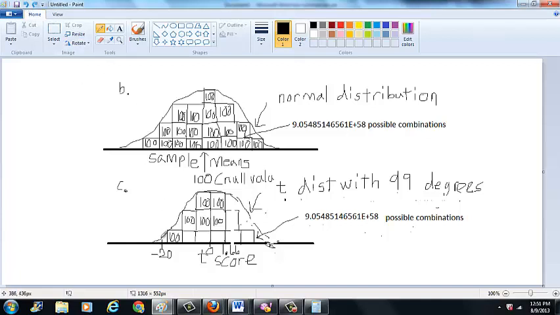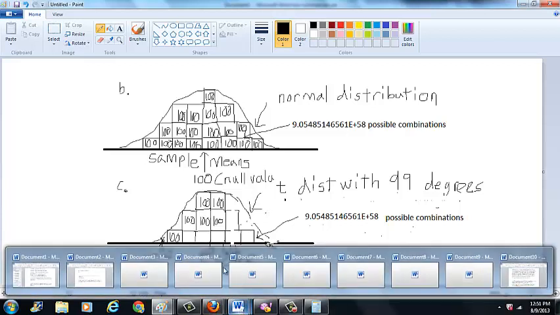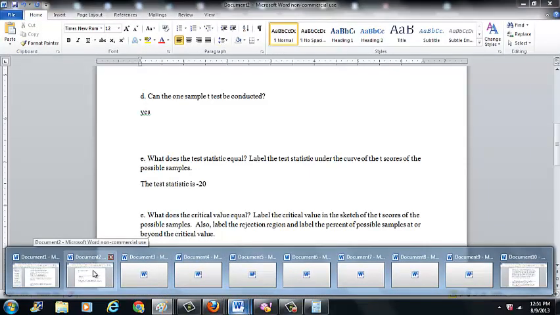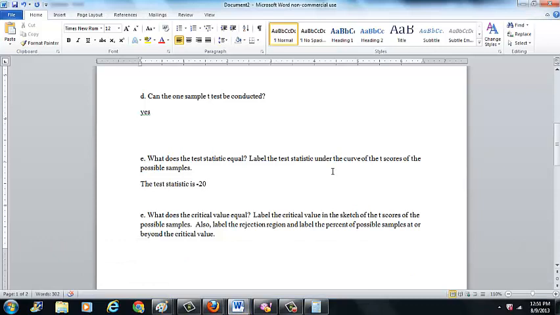Maybe a small x right here. We labeled our test statistic, so we're done with this question.